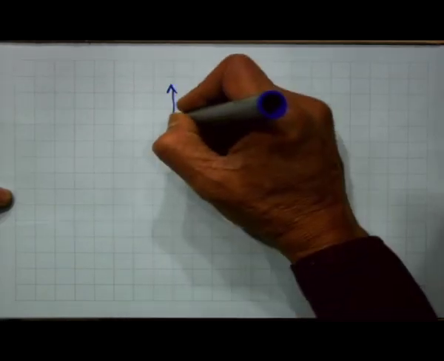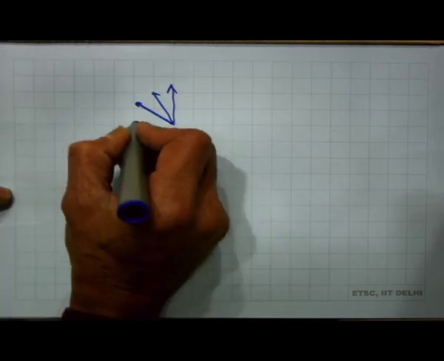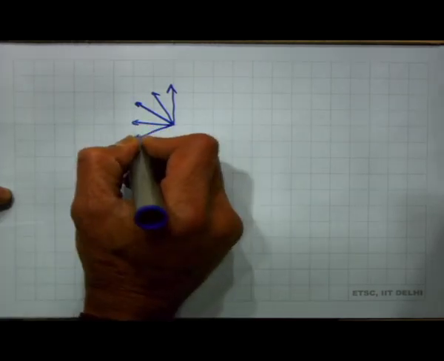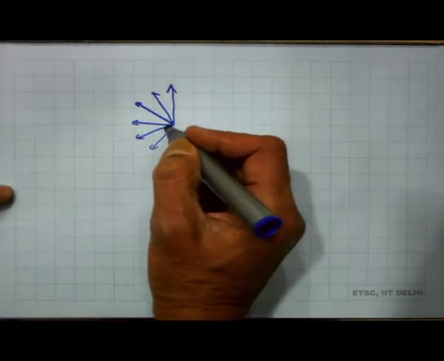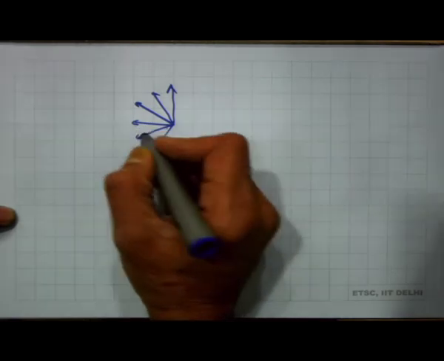You will have one magnetic field like this, next one 30 degrees, next 60 degrees, next 90 degrees, then 120, 150. So, these are the 6 magnetic fields produced. I can calculate the magnetic field along the vertical direction and along the horizontal direction, and from those two I can calculate the total magnetic field.